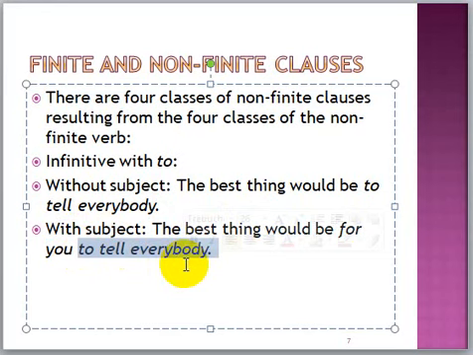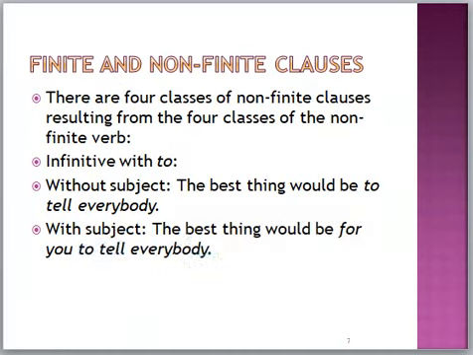And the same example, we can say it is permissible to eat this meat, without a subject. "To eat this meat" is a non-finite clause without any subject. While "it is permissible for you to eat this meat", here is a subject of a non-finite clause with a subject.